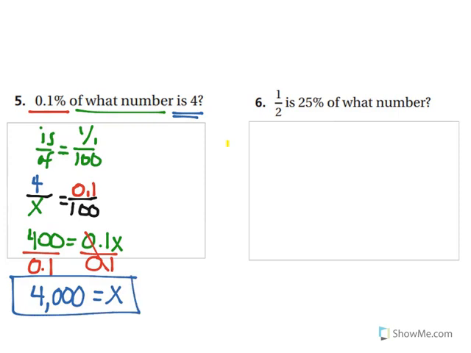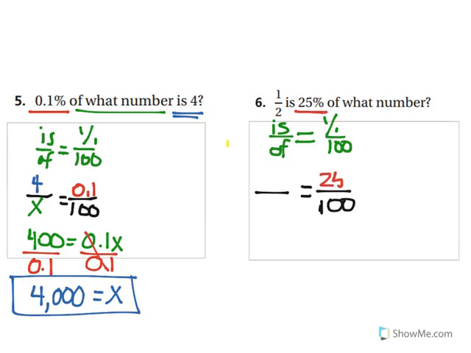And then for our next problem, again I'm going to use is over of equals percent over 100. I know for sure that my 100 is on the bottom. Now I need to figure out the rest. So I see 25%. So I'm going to put 25 in the percent part. I also see 1/2 is.